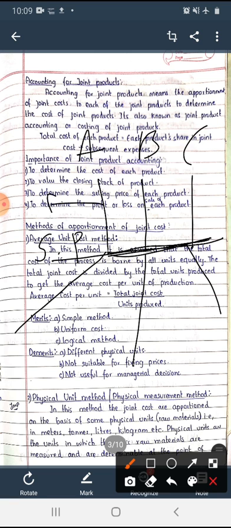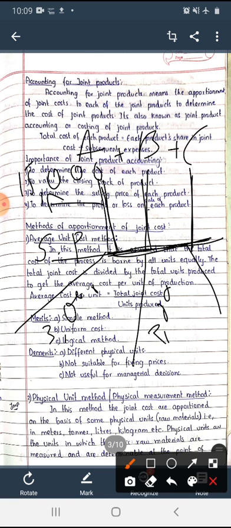So the total cost is 50,000, equal to A plus B plus C. Till this point, 15,000 is the joint cost incurred. Next, after this separation point, A incurred 3,000, B incurred 2,000, and C incurred 1,000.